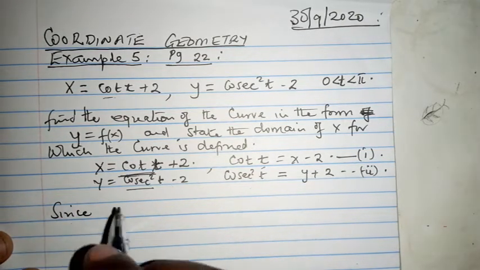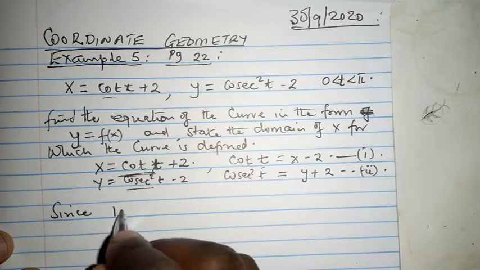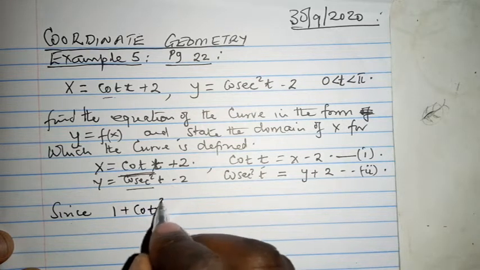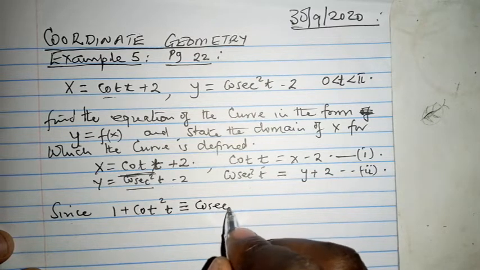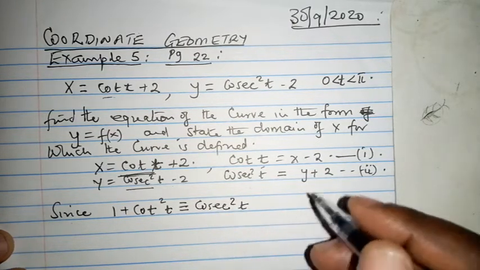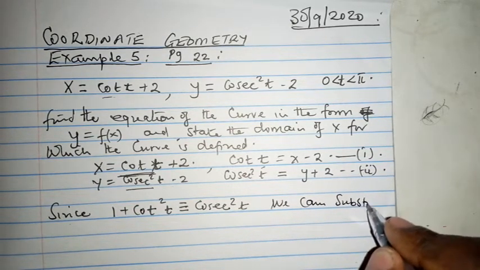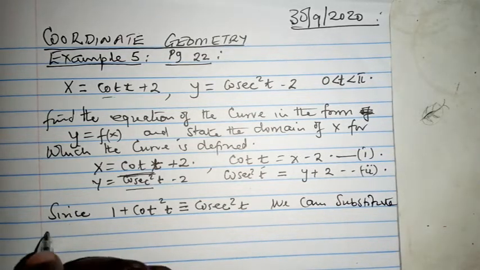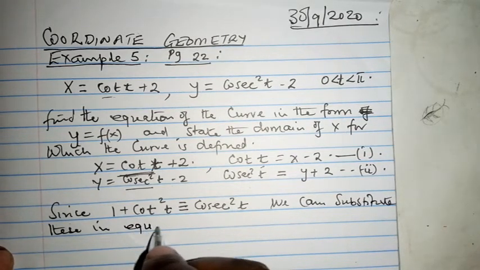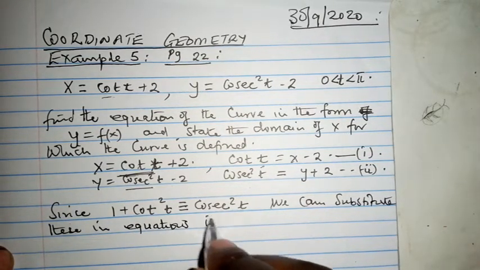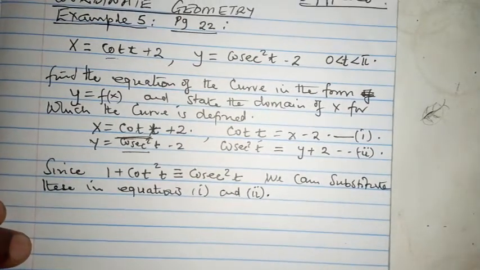We know this from pure mathematics 3, where in one of the videos we outlined it: 1 plus cot squared t equals cosec squared t. We can substitute these details in equations 1 and 2.